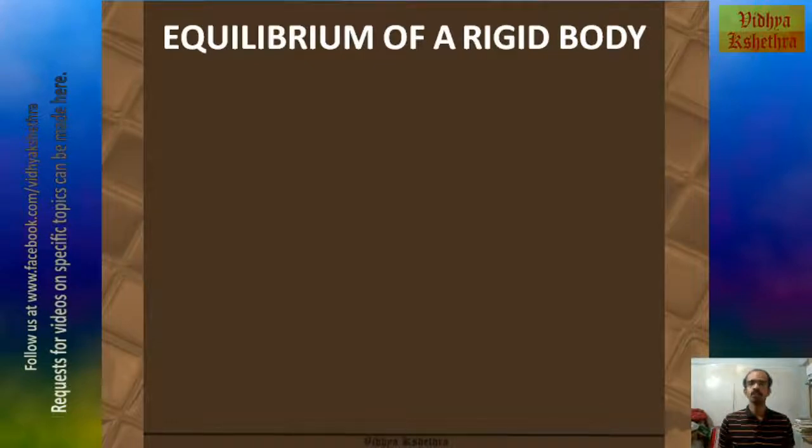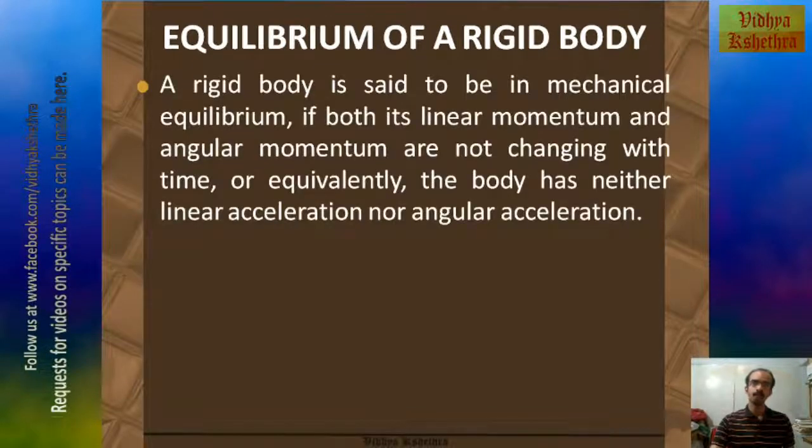First, we can see what we mean by the equilibrium of a rigid body. A rigid body is said to be in mechanical equilibrium if both its linear momentum and angular momentum are not changing with time. Or equivalently, the body has neither linear acceleration nor angular acceleration.